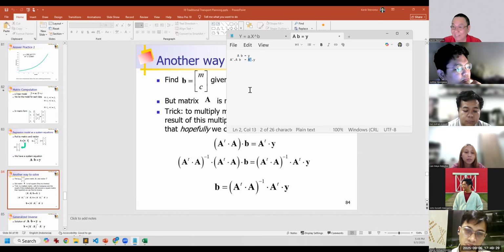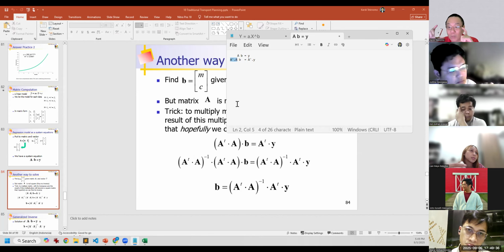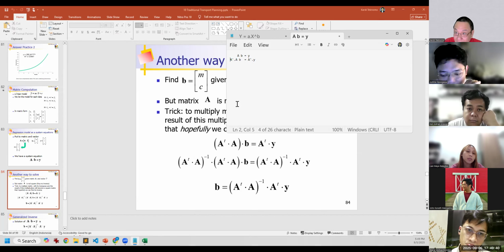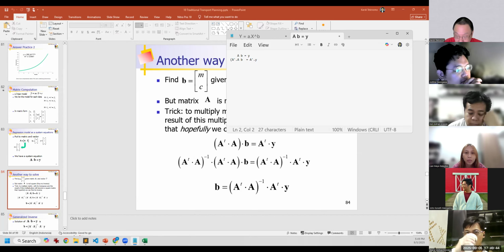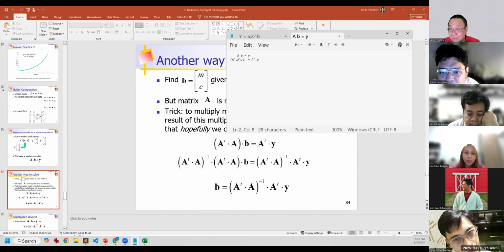Yeah. Okay. So next, this part is already a square matrix. Okay. So let's put this in parentheses. Yeah. Because this is a square matrix, it does not change, right? I just put parentheses, it does not change, so it's okay.